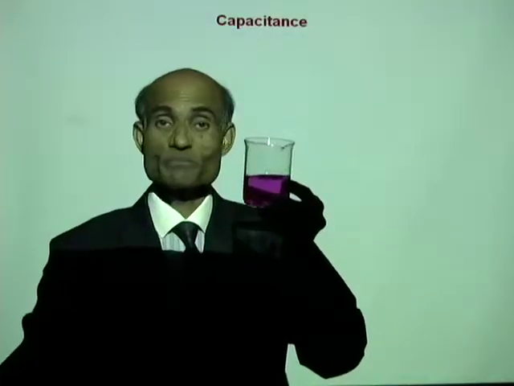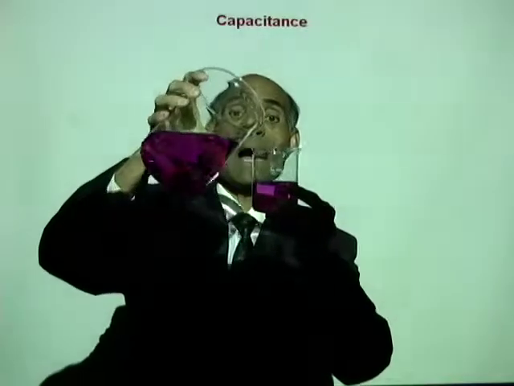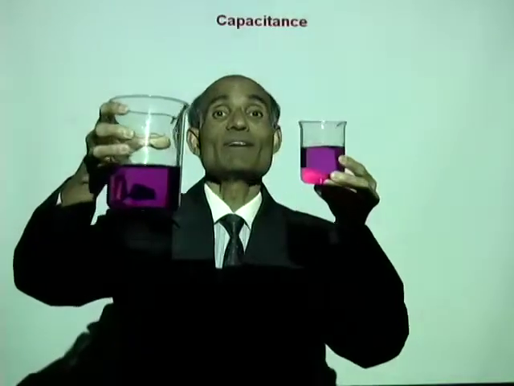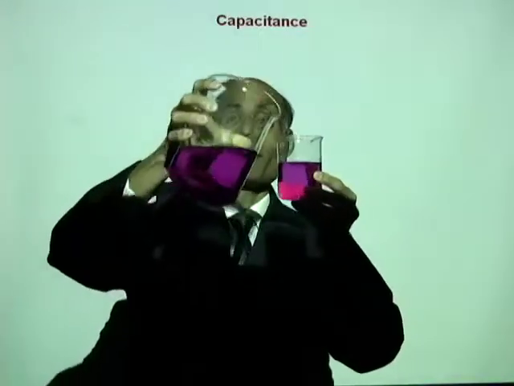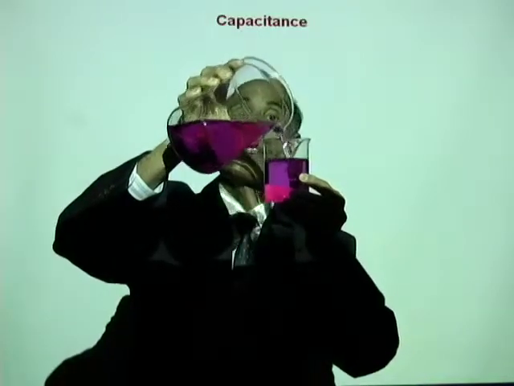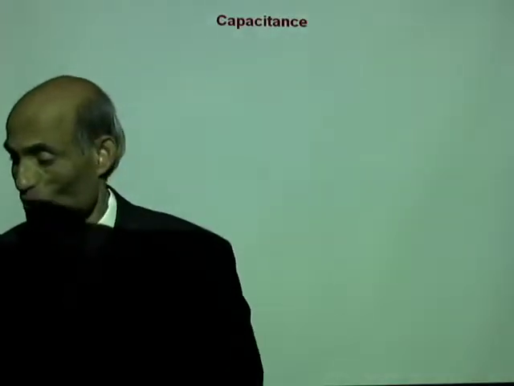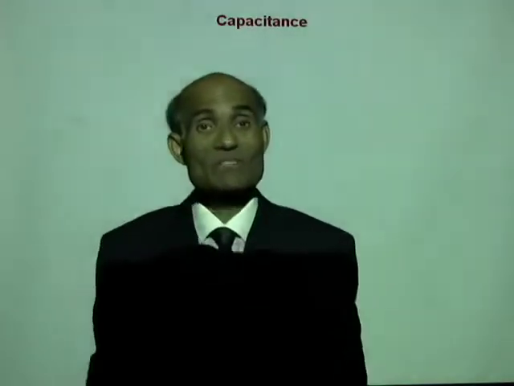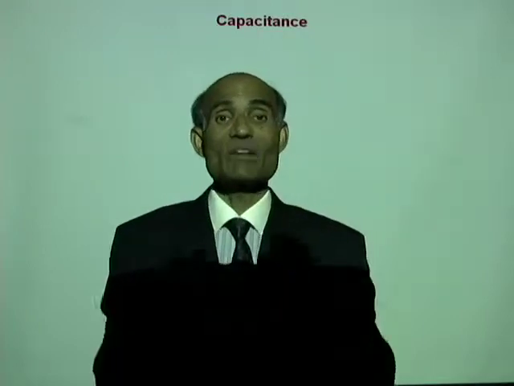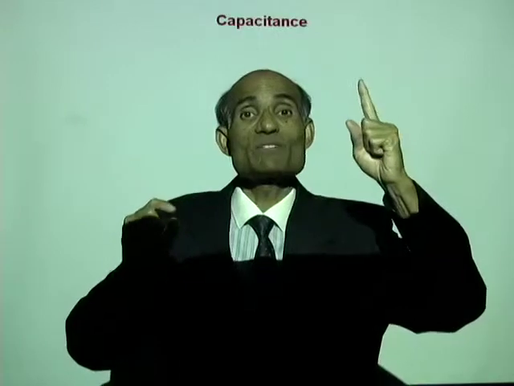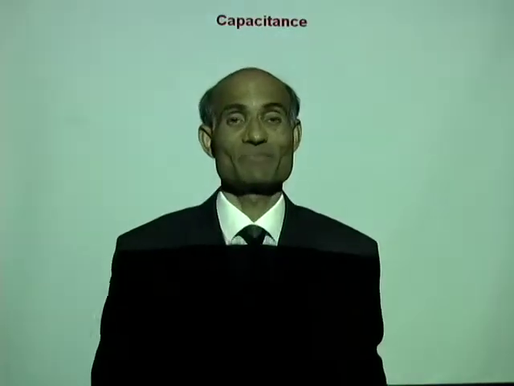In other words, you keep on adding the liquid, you keep on increasing the height. That means the effect of adding the liquid is to increase the height. And so we define capacity of that container as the amount of liquid that will increase the height by 1 meter.